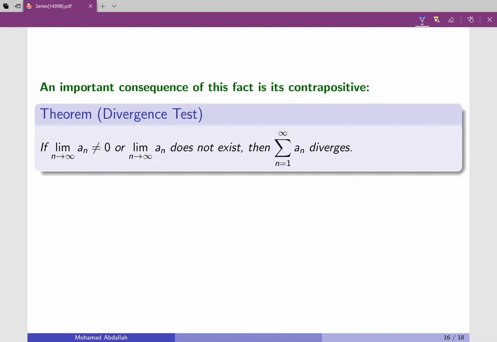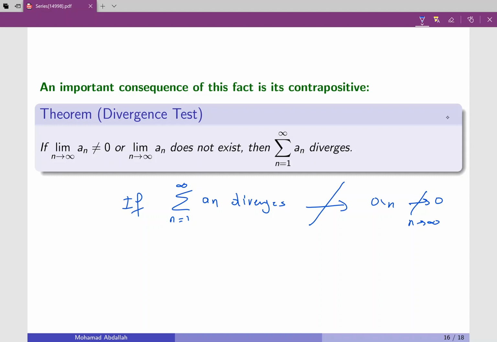But you have to be very careful. The converse is not true. That means if the sum of a_n from n equals 1 to infinity diverges, this does not mean that a_n does not go to 0 when n goes to infinity.